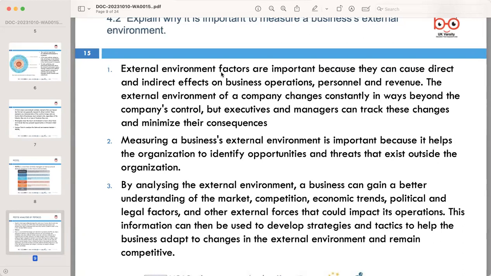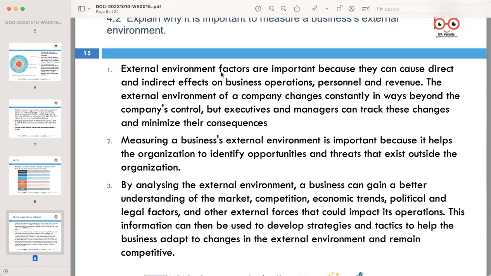So he is talking about some direct and indirect effects. External environment factors have the potential to cause both direct and indirect effects on a business, its operations, personnel, and revenue. So these factors constantly change and are beyond a company's control.